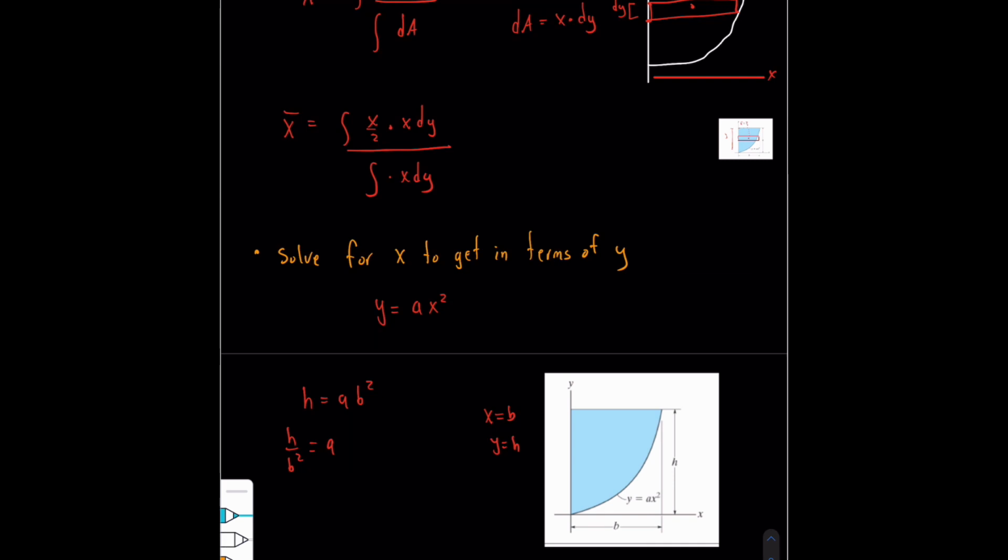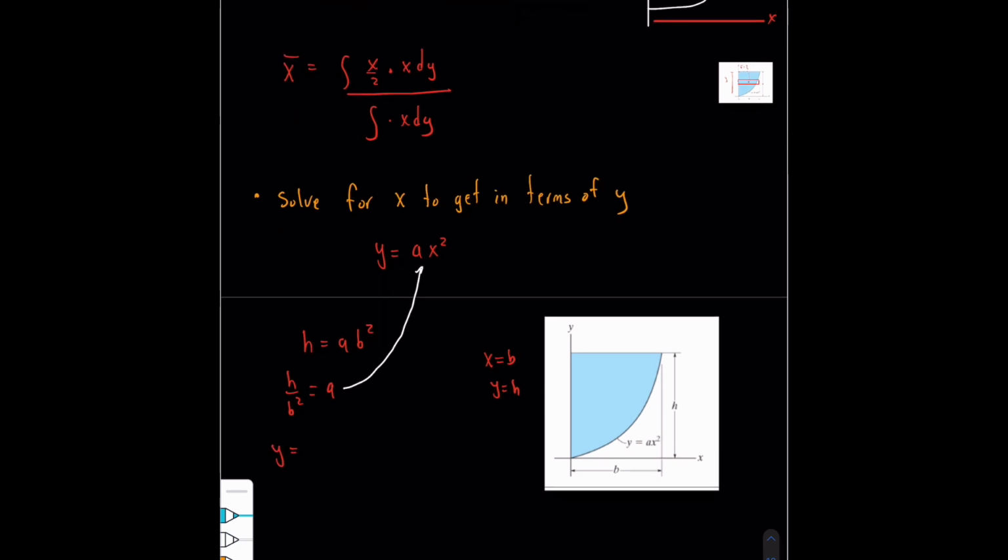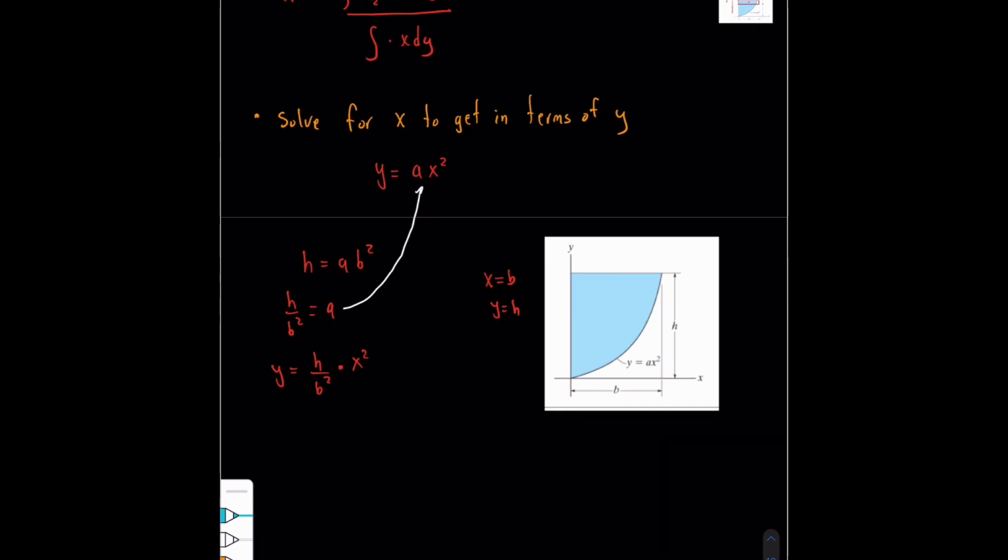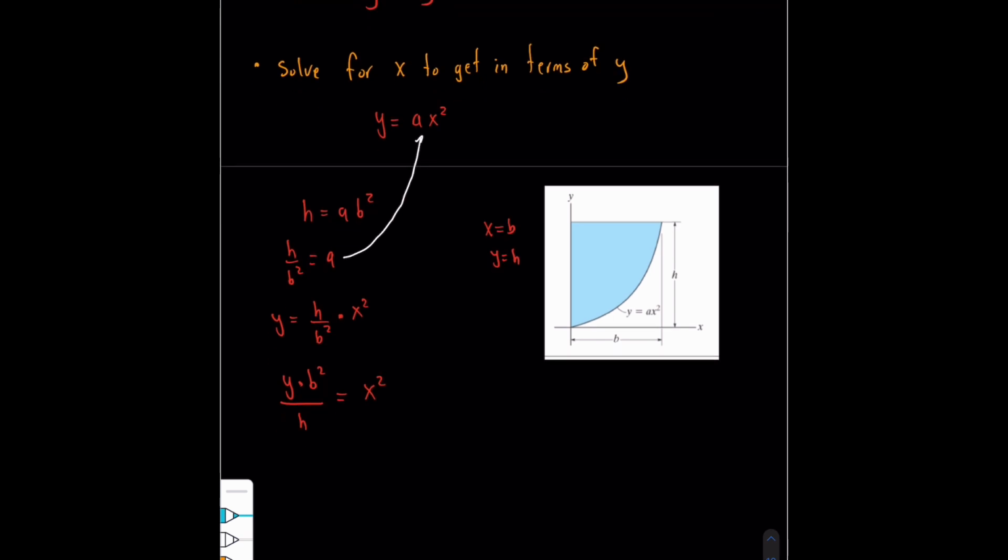And now plugging this a back into the equation, I'm going to have y is equal to h over b squared times x squared right here. Now I could solve for x because I have my variable a written in terms of h and b here. So solving for that, I'm going to have y times b squared divided by h equal to x squared. And you obviously have to square root this.